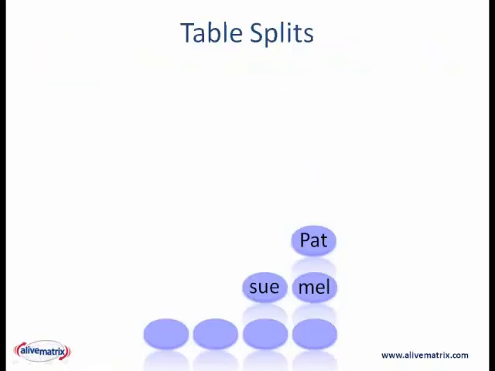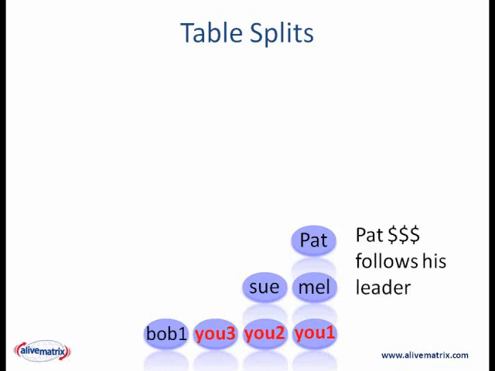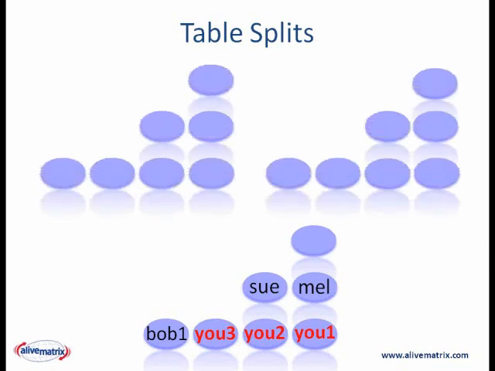So now let's have a look at the splits a little bit in more detail here. Your 3 positions are there, then Bob 1 arrives. As we said, Pat receives his marketing fee and follows his leader. Then 2 new tables are created. Everyone on the right hand side of the table will advance 1 level to the newly created right table, and everyone on the left hand side of the table will advance 1 level to the newly created left table.